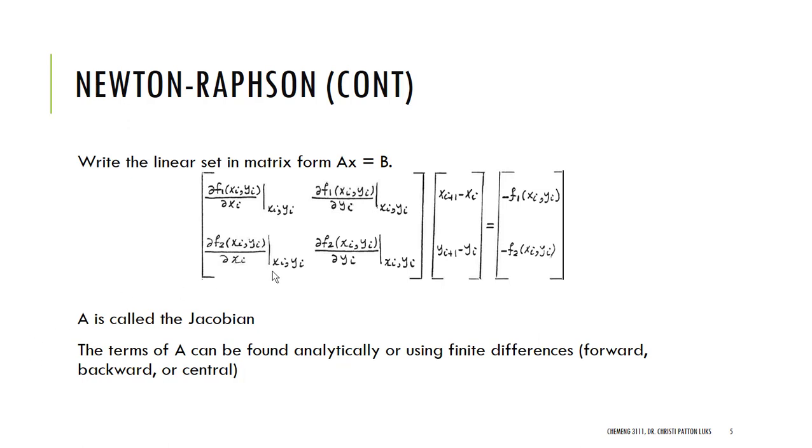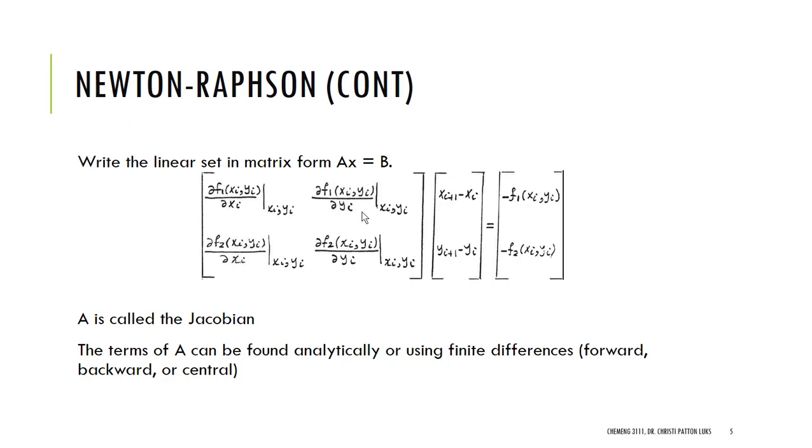And so in this case, my x's really are these delta x's, and the partial derivatives form my matrix of coefficients A. Now, A is also going to be called the Jacobian for this system. My B is going to be my starting values, negative f1 and negative f2, at my initial point.